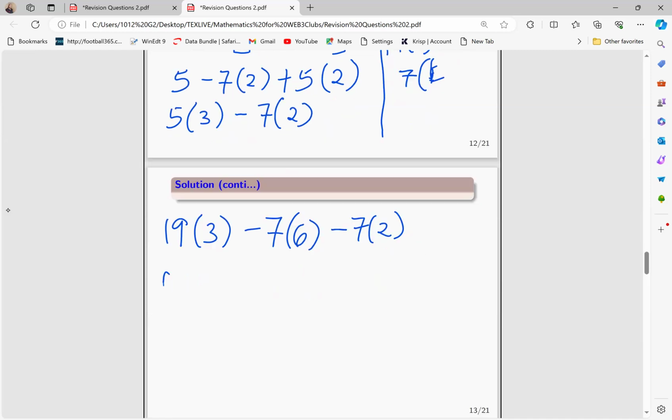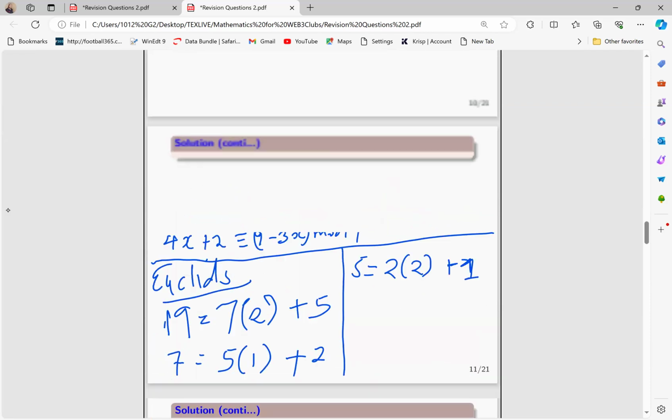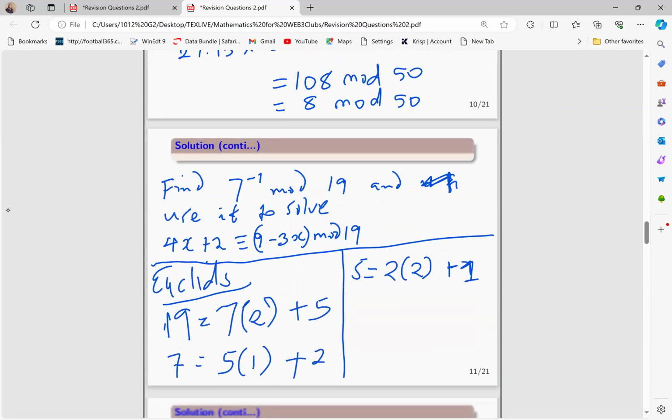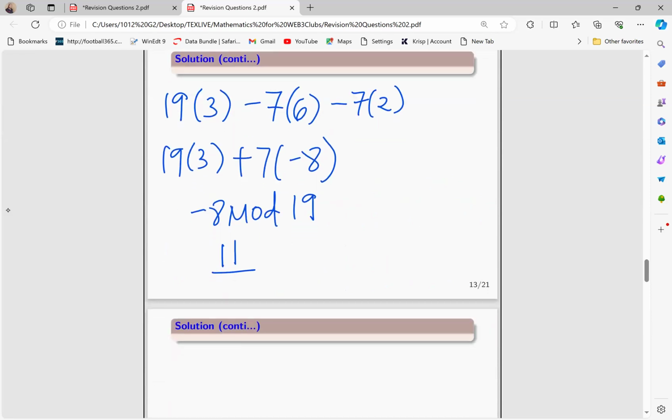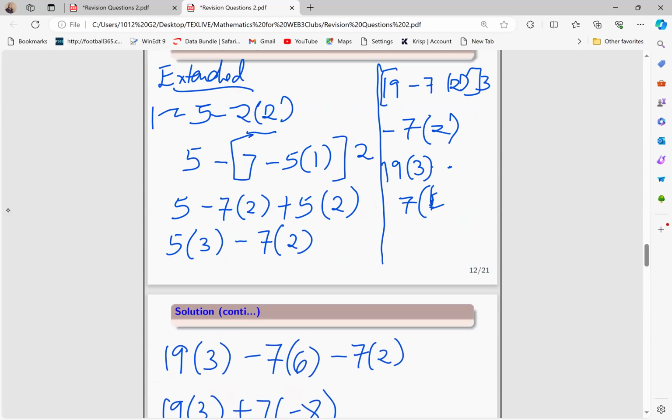Collecting like terms together, that is 19 times 3 minus 7 times 8. So we are finding the inverse of 7 mod 19, which is negative 8 mod 19, which is the same as 11. Okay, are you okay till then? The inverse is 11.